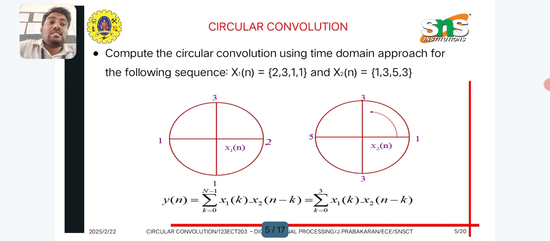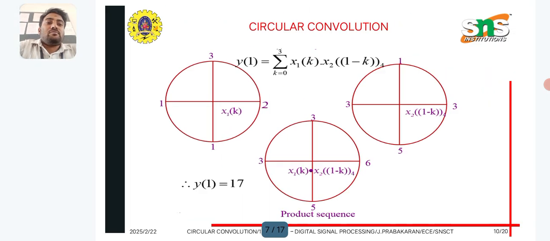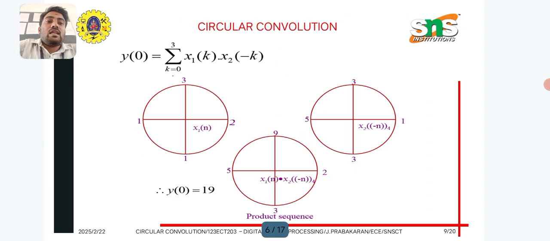The second step is to start at the same point as x1 of n. Graph N samples of x2 of n as equally spaced points around an inner circle in clockwise direction.